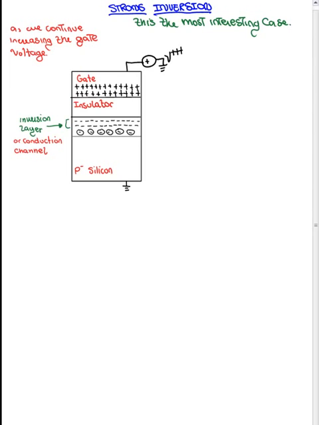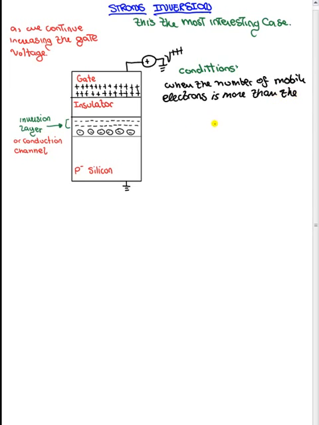So let's write the conditions for strong inversion. When the number of mobile electrons is more than the number of fixed charges, we are in strong inversion.